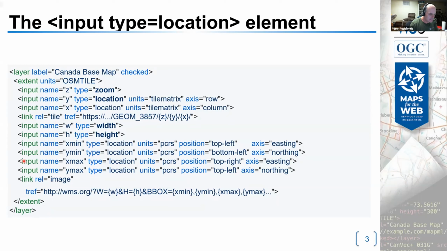Tile and image location events have sides and corners which can be referred to by the enumerated position attribute. Associated to the link rel equals image element in the above example, we see two additional inputs with type equals width and type equals height, respectively.